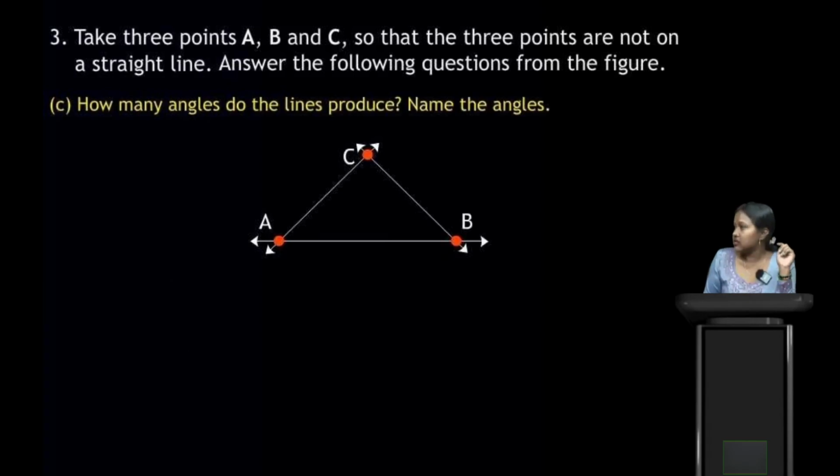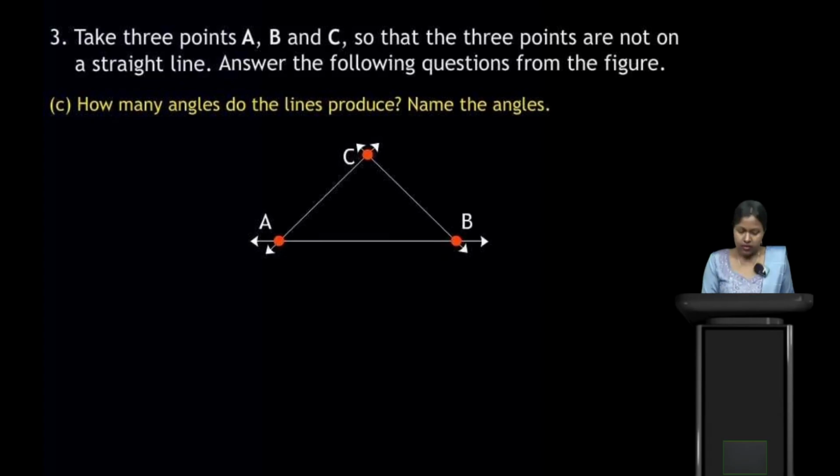The next question is how many angles do the lines produce? Name the angles. Can you tell me the angle names, my dear students, in this case? You can see 3 different angles are there, right? So what are the 3 different angles? One is angle A, another one is angle B, another one is angle C. You can simply say angle A, angle B, angle C, or you can tell the full names.